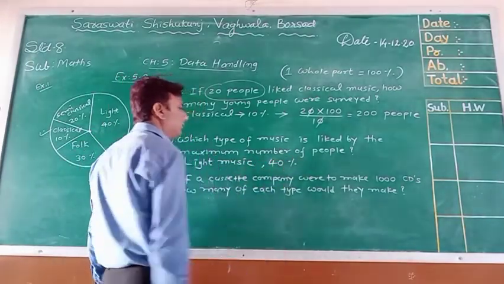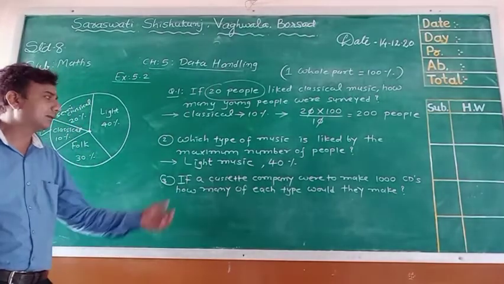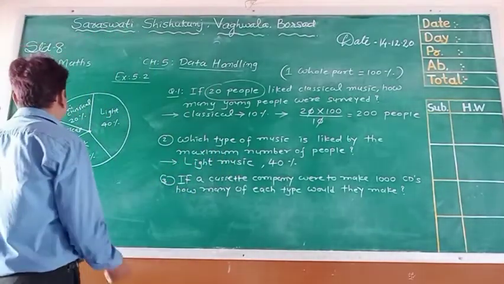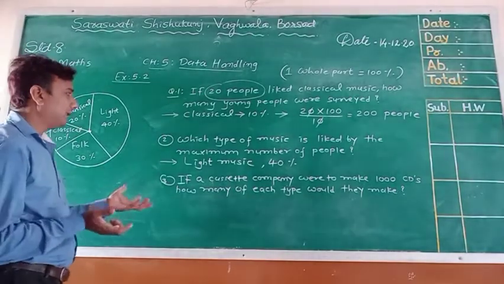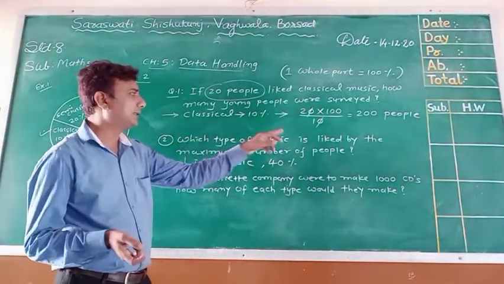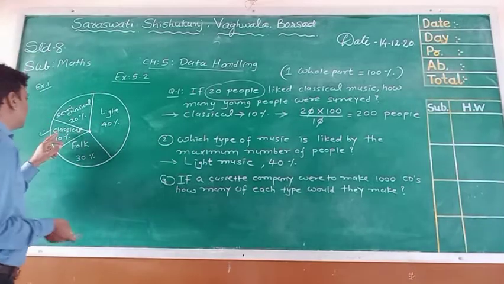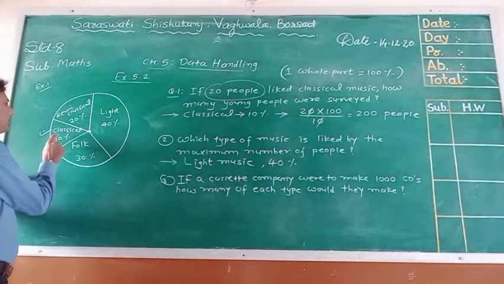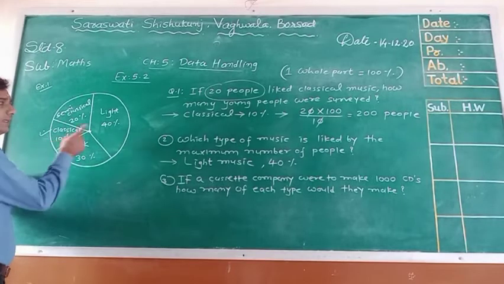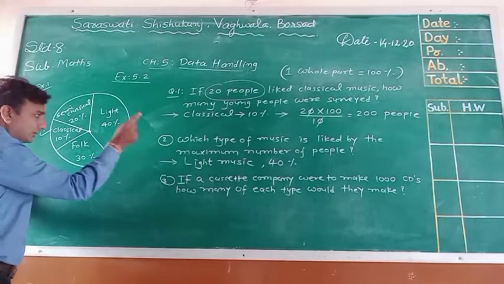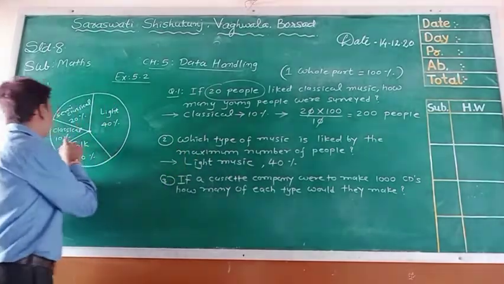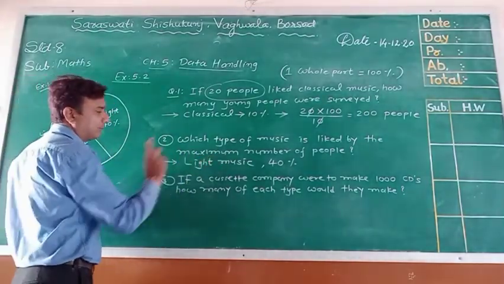Also, which type of music is liked by the minimum number of people? The minimum is the lowest percent, so the answer is classical music, 10%.